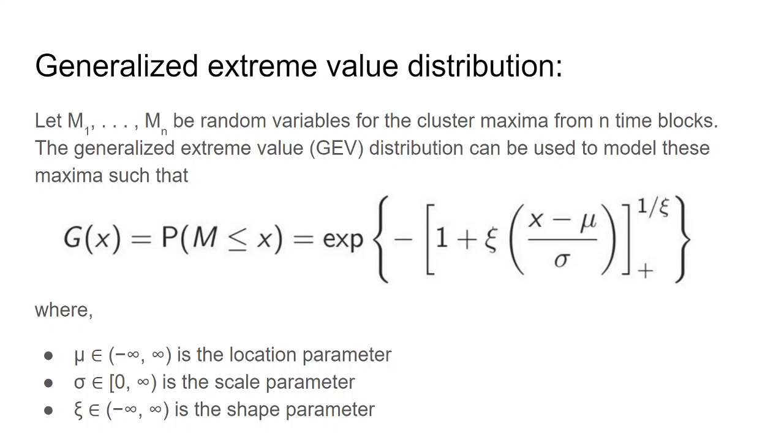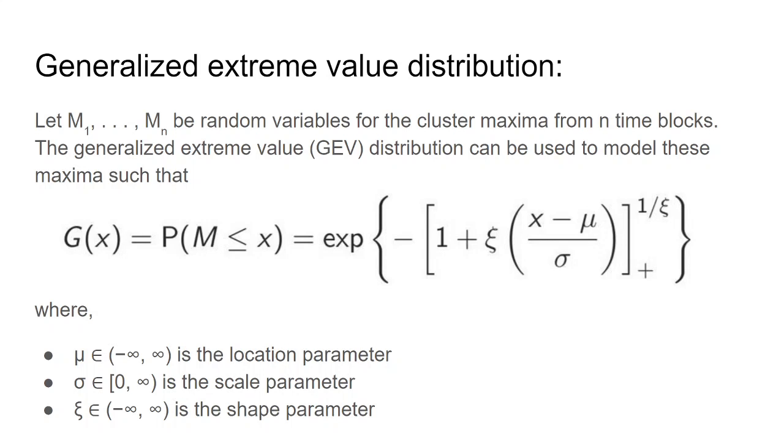The generalized extreme value distribution can be used to model these maxima, and it is given as G(x) equals exponential of minus [1 plus epsilon (x minus mu upon sigma)] whole to the power of 1 by epsilon.